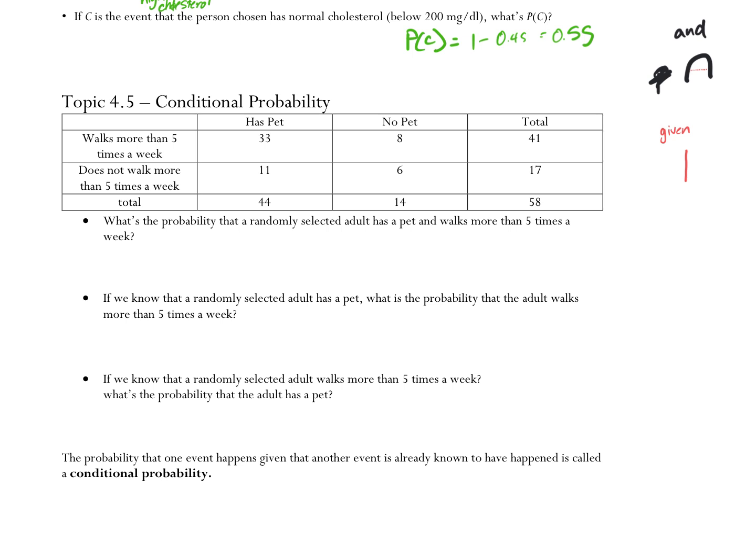So if I ask you, according to this table, what is the probability that a randomly selected adult has a pet and walks more than 5 times a week? One of the things I haven't emphasized a ton yet, but I want to because it's going to make our lives a little bit easier, is we can define a probability event with a capital letter.